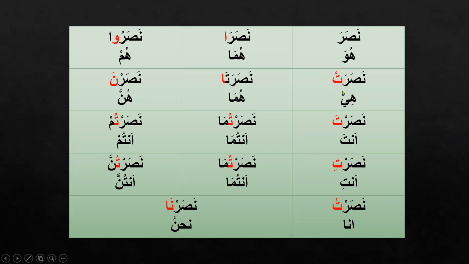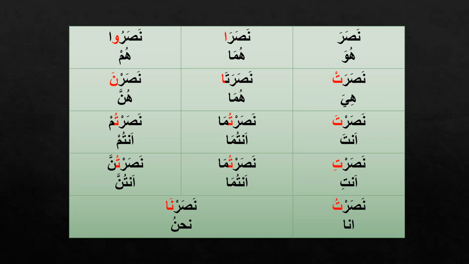This ta cannot be your fa'il. This ta cannot be your pronoun because this is a letter. This letter is just here to tell you that this is a female verb type, to differentiate between the male version of this verb Nasara. This ta is just to separate between huwa and hiya, and this is called ta ta'nith, right?